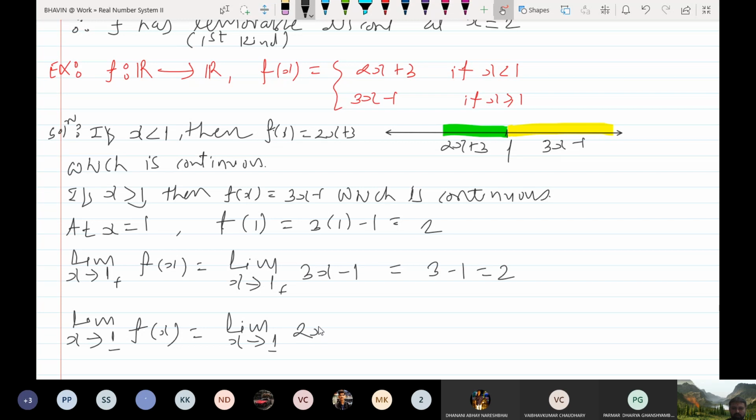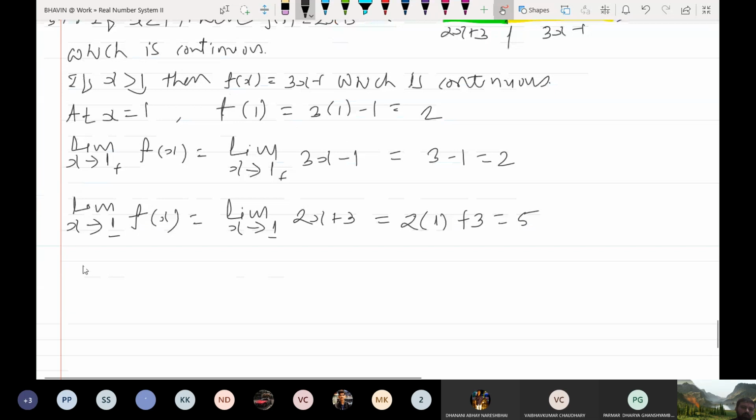So what is the value of f(x)? 2x plus 3. So you will get the answer. यहाँ पे देखिए क्या आ रहा है, ये दोनों एग्जिस्ट हो रहे हैं.